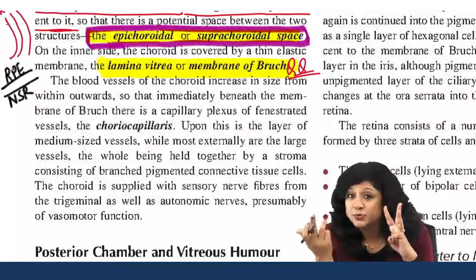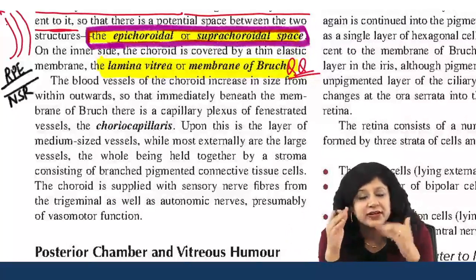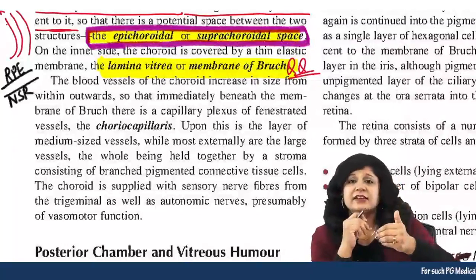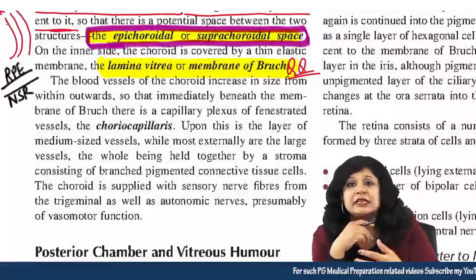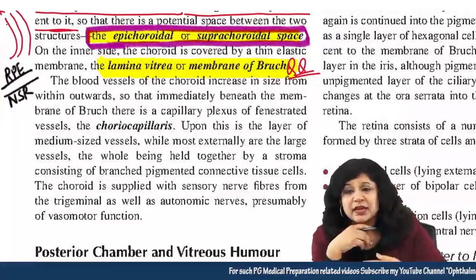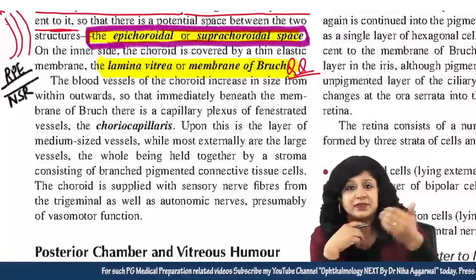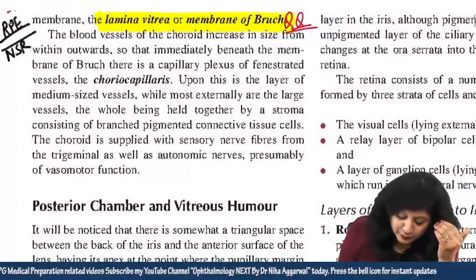And what is the outermost layer of the retina? The RPE layer. So basically they are orienting us: we have the neurosensory retina, the subretinal space, then the retinal pigment epithelium, the Bruch's membrane, the choroid, the suprachoroidal space, and the sclera, right?